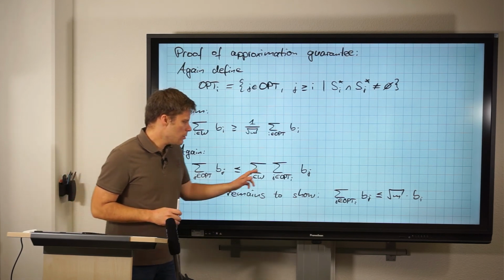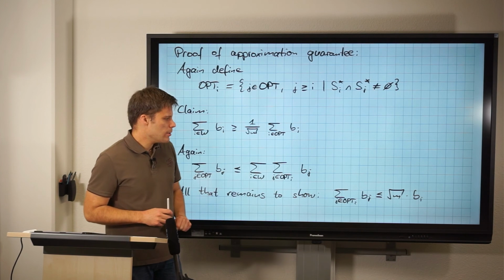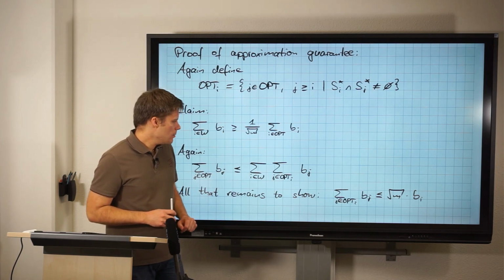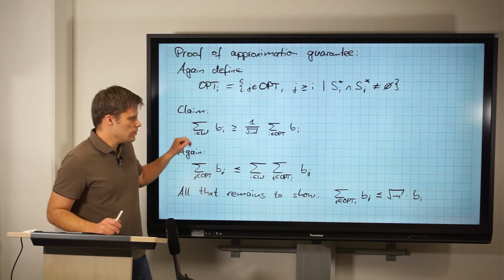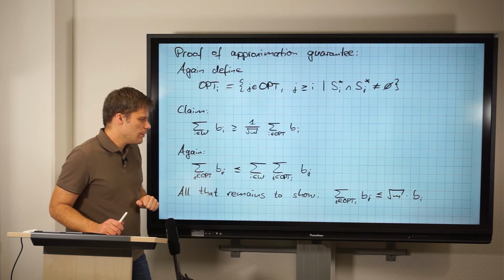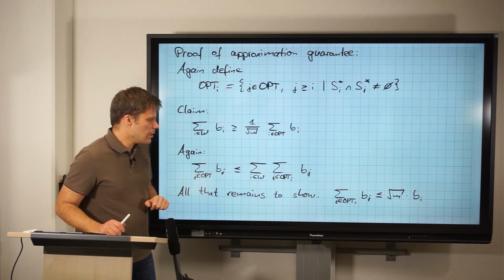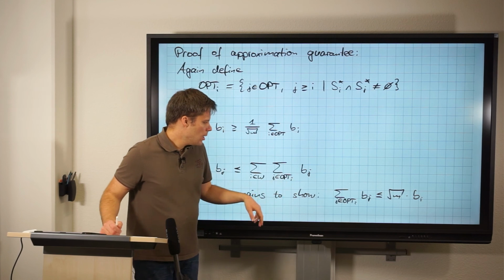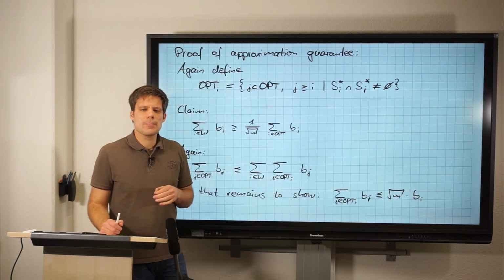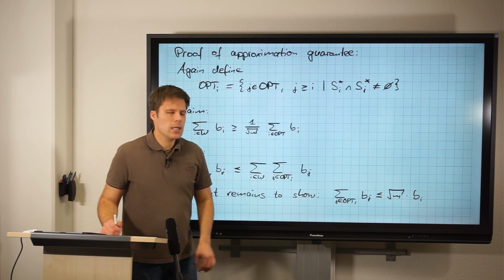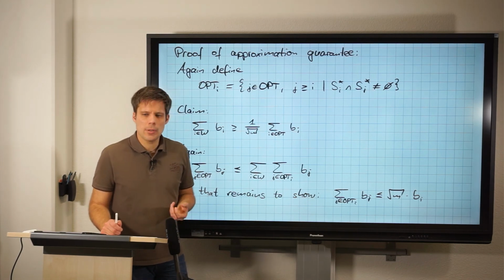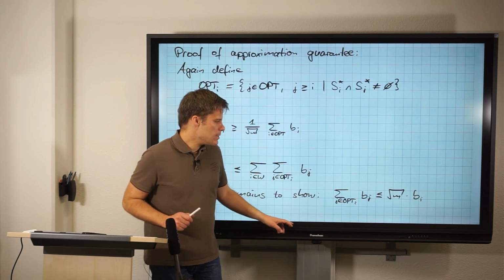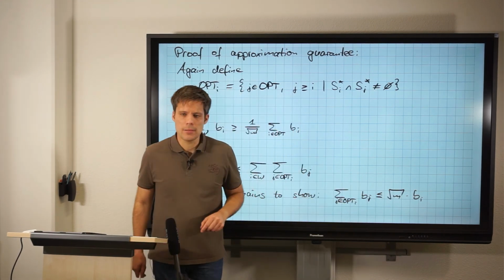Because if we can now show that this here is at most square root m times bi, then you see we get exactly to something that is equivalent to what we want to show. So before we were saying, okay, now this set opt-i might be small, and these bj can only be smaller than bi, and we were done. Now things are a little more complicated, and what we will replace this by is exactly this bound here.